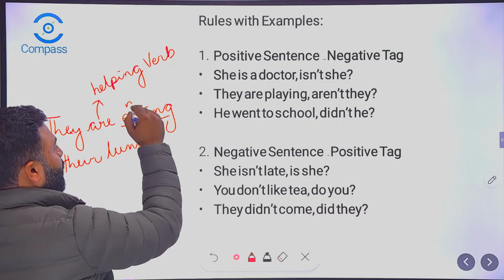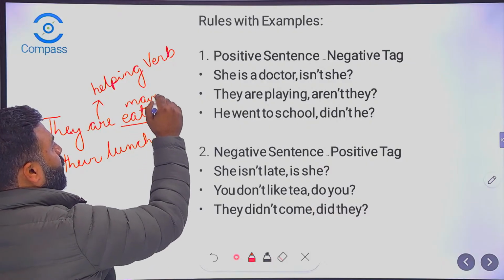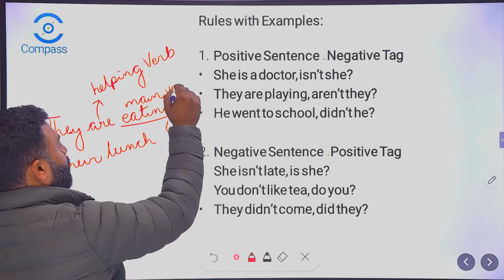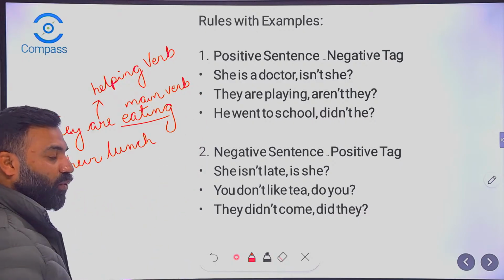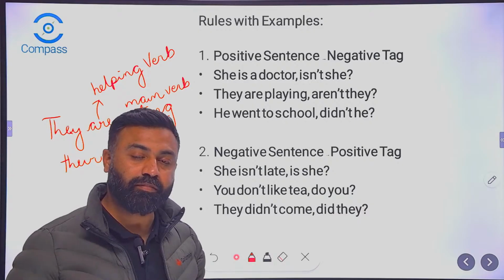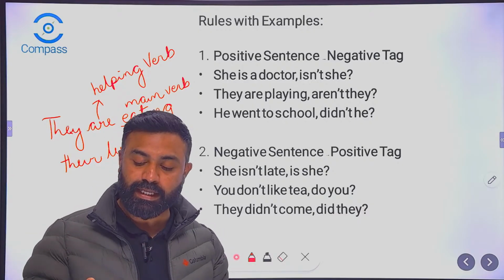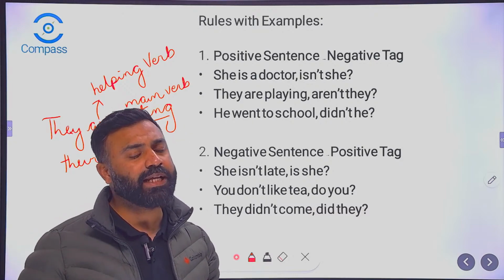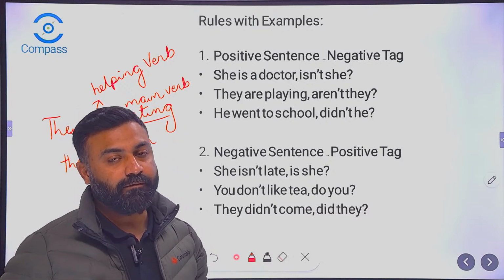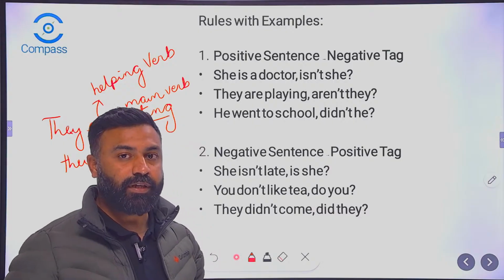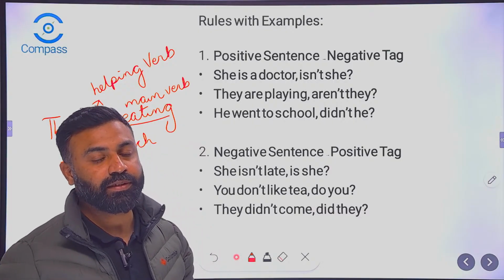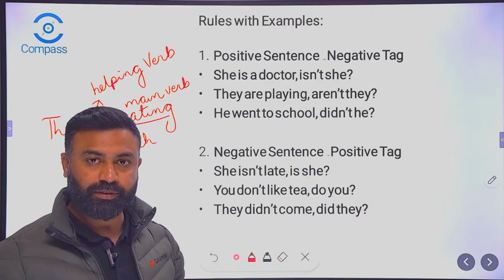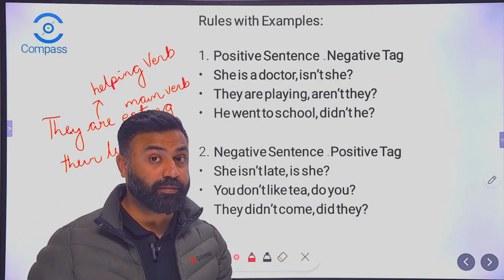So eating is the main verb. You must have come across many helping verbs, like is, am, are, was, were, and there are so many. Without these helping verbs, we cannot have proper sentence formation. So I believe auxiliary verbs are also clear.